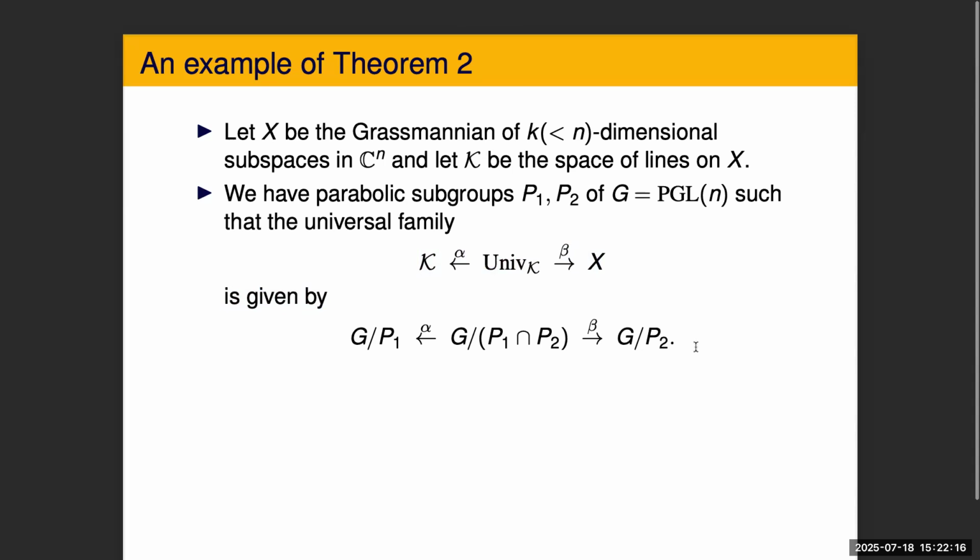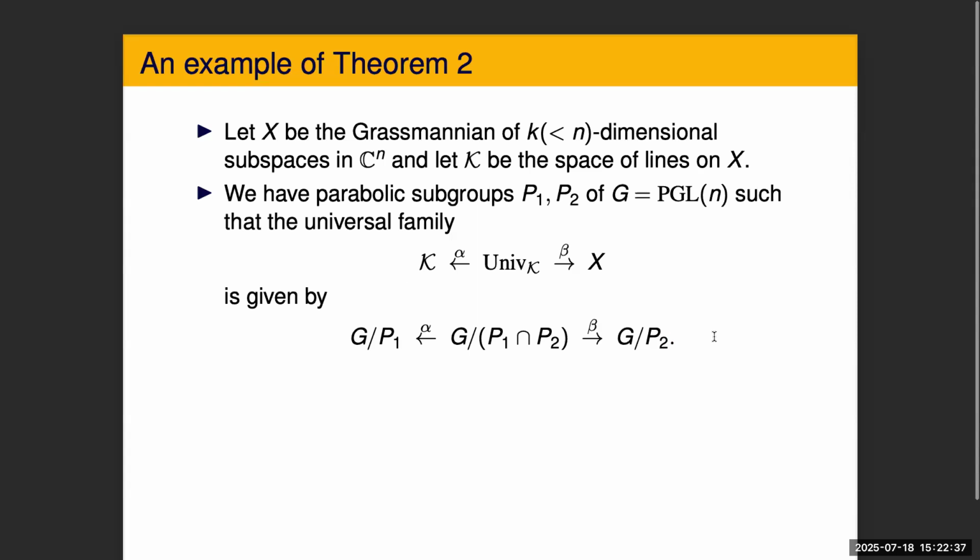So it's just a relation between homogeneous spaces. Because in this case, the universal family and the component of the duality space are all homogeneous, you can write it as this diagram of quotients by parabolic groups.